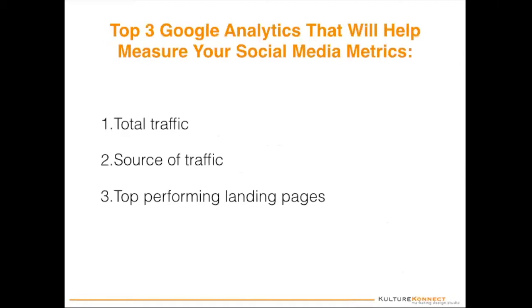Now, again, Google Analytics is going to give you a ton of different metrics, and you can dig and dive into those metrics, and you're going to find a lot of valuable resources and numbers that you can use to improve your website, to improve your foot traffic to your restaurant. But right now, we're going to talk about what we consider the top three Google Analytics metrics that you need to keep in mind.